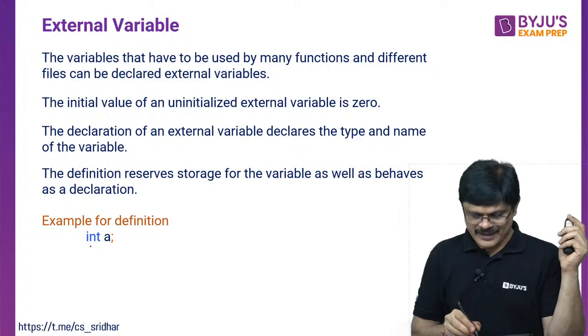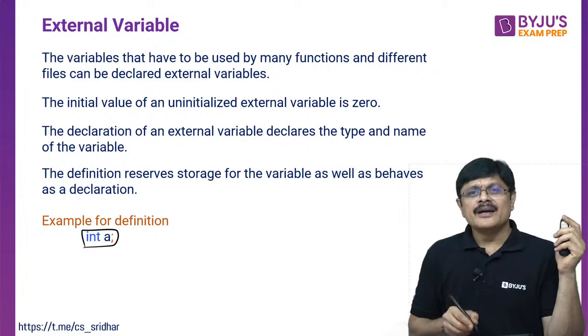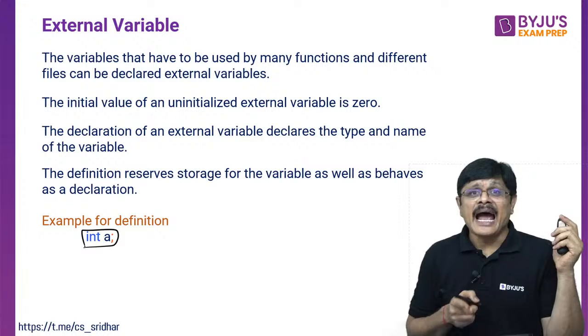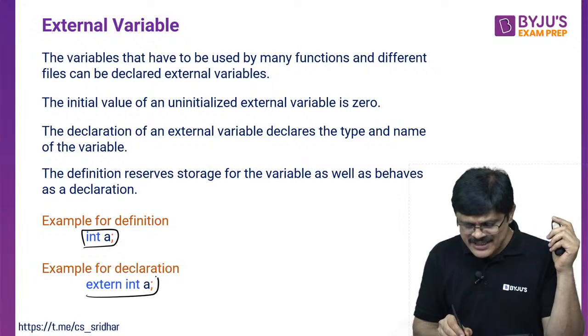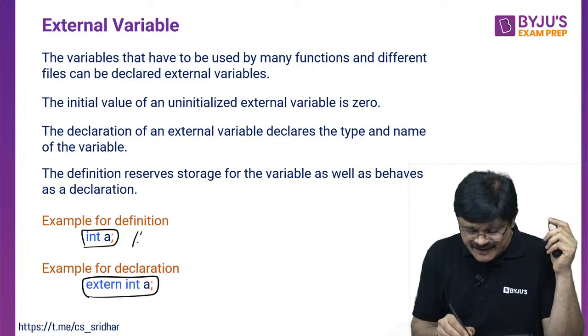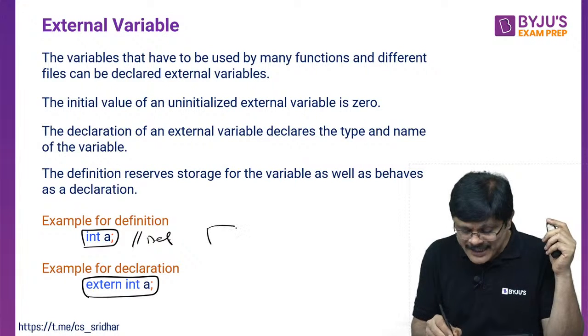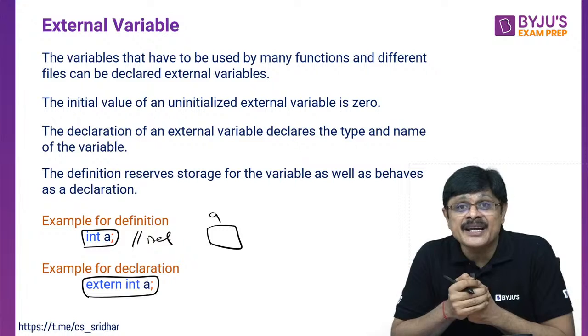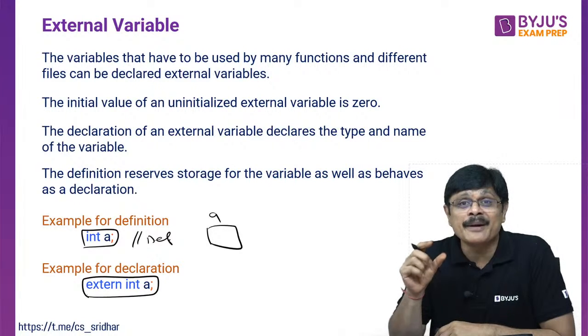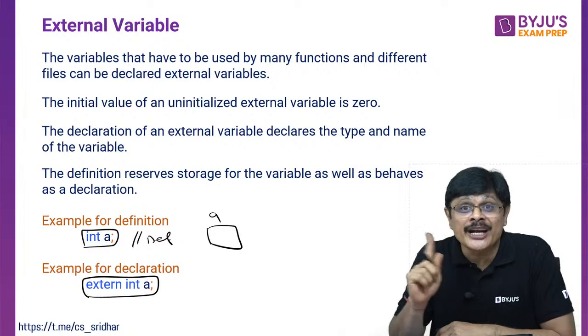Now look here. This is a global variable and you want to use it in this file or somewhere, you can use this. This is declaration. This is definition, because here memory is created. And you know memory is created in the data segment, not on the runtime stack.